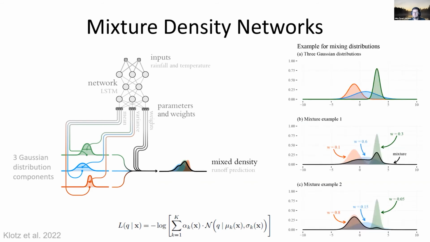And again, even if you have the same mean and variance for these 3 different distributions, there's also another parameter for the weights. So how do you combine these different distributions? This example is just showing if you weight the blue distribution more, you get a distribution like this. If you weight the salmon distribution more, you get a distribution like this.